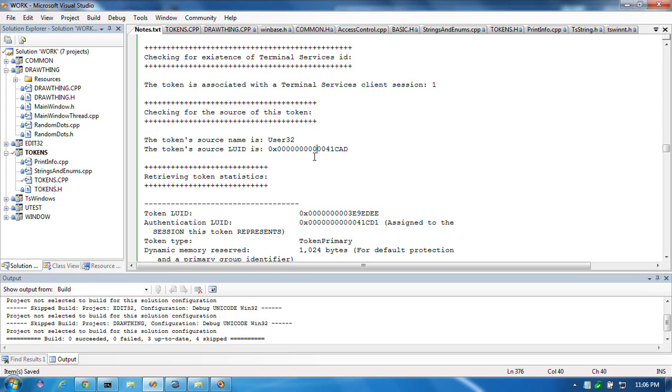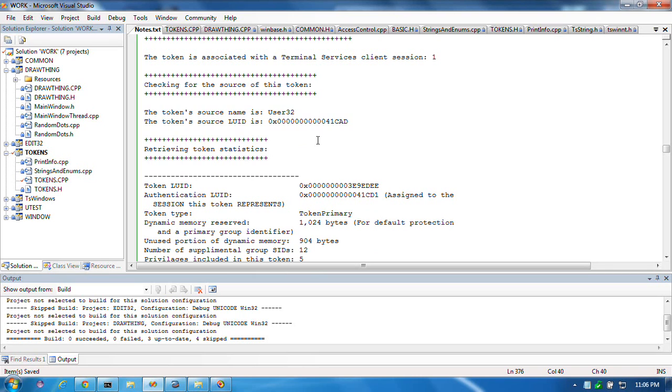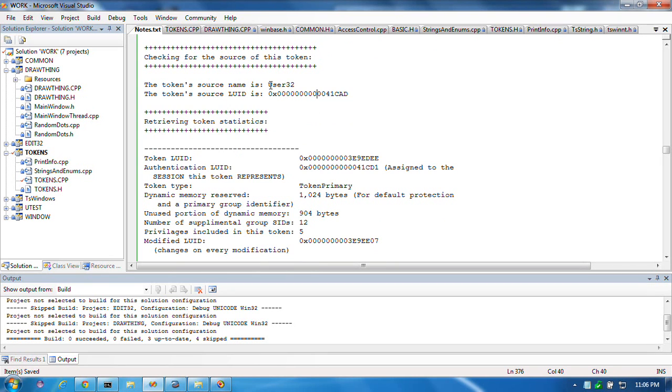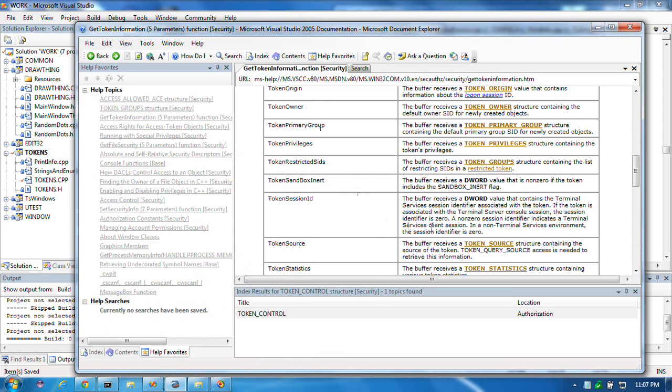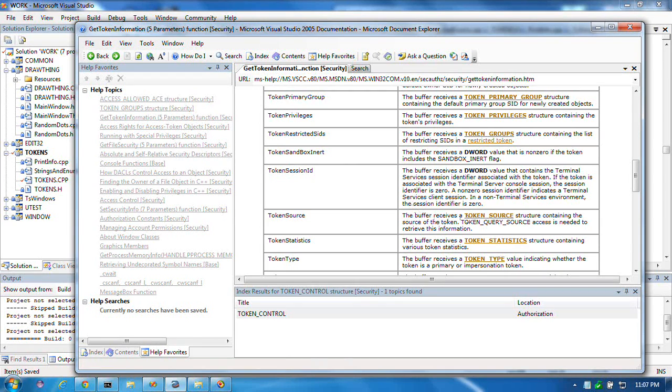Which has this locally unique identifier number, some random number. Now I have no idea what user32 is. It's not a group. There's a DLL called user32.dll or something, maybe. I don't know. They don't say anything much about the source.